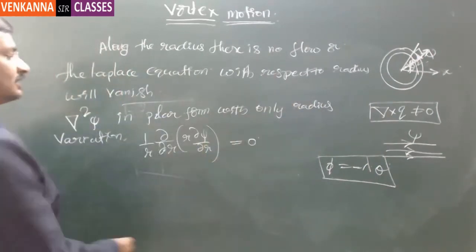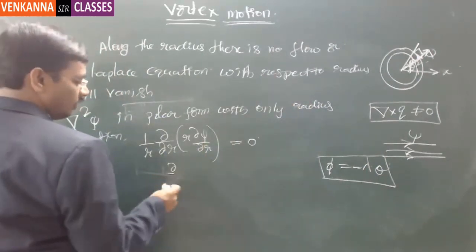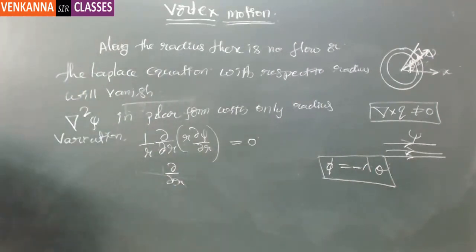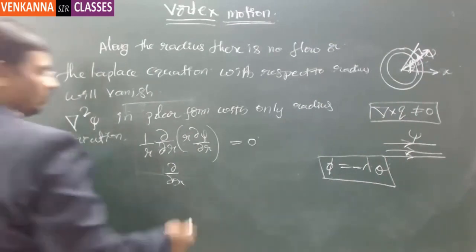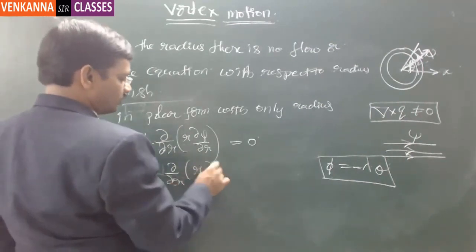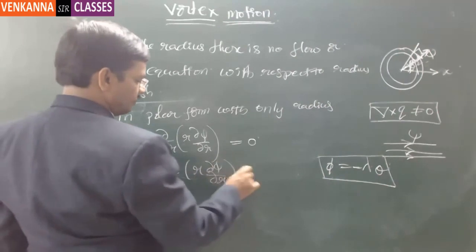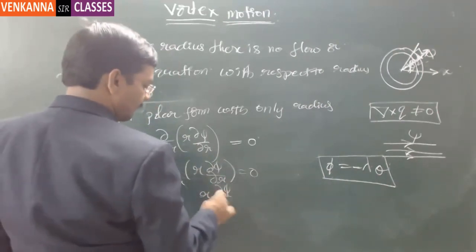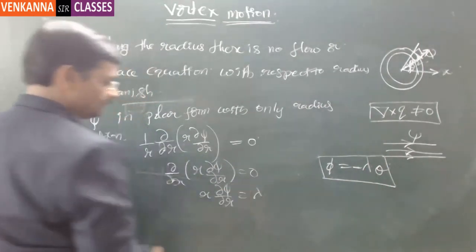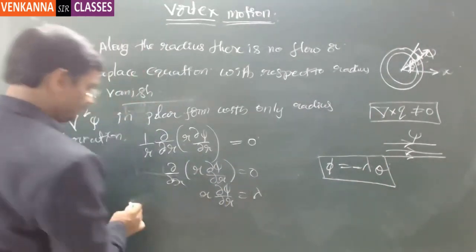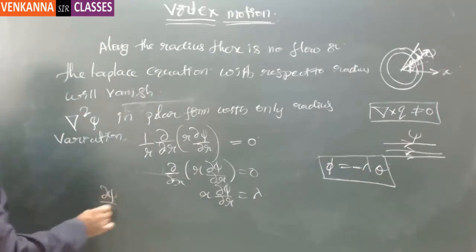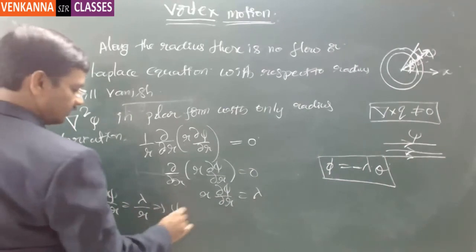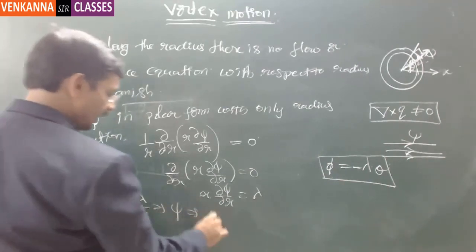If you integrate dou by dou r of r dou psi by dou r equal to 0, then r times dou psi by dou r equals a constant, and dou psi by dou r is equal to lambda by r. If you integrate further, psi is equal to lambda log r.